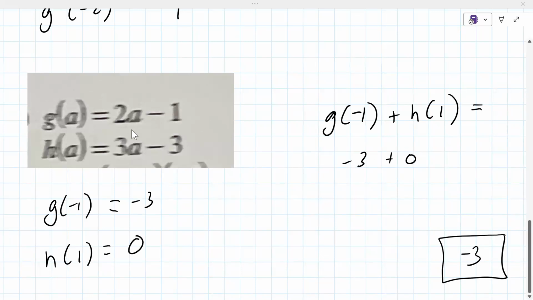Let's see if we can make this a little bit more complicated, only because you're doing so well on these. All right, so here is a more challenging one.